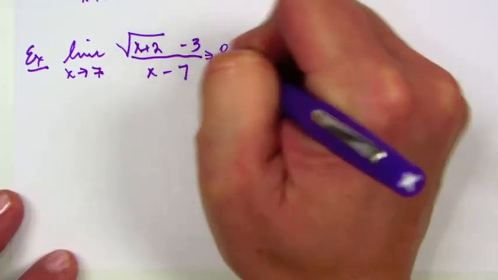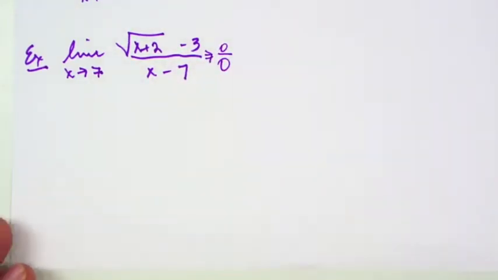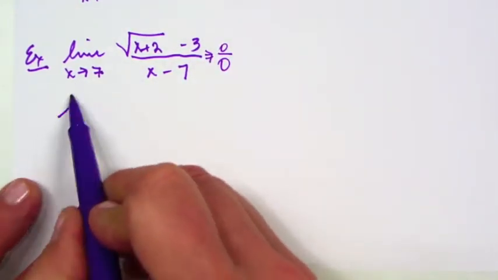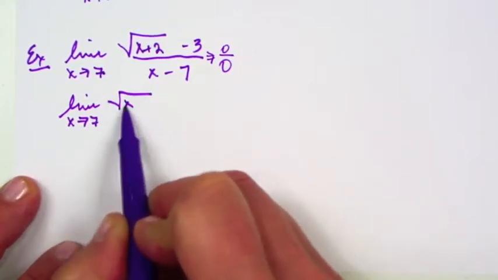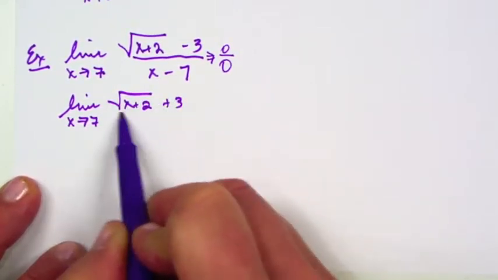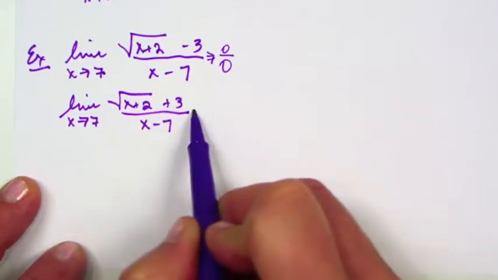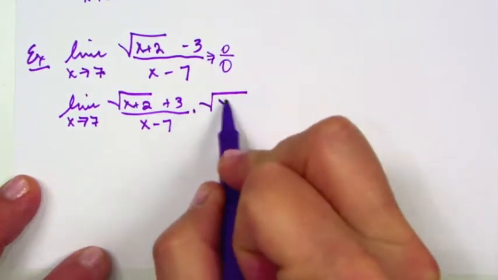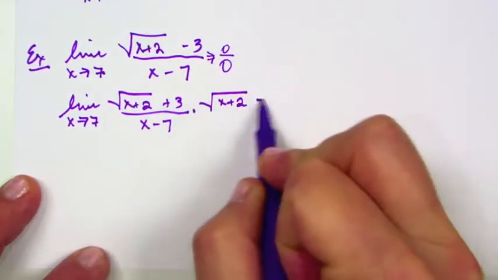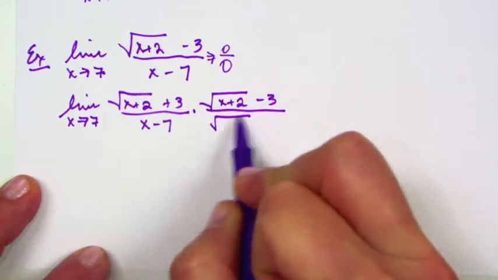This gives me 0 over 0, right? But Shelby reminded us of a technique that was called what? So I would multiply both top and bottom of this thing by minus 3, right?